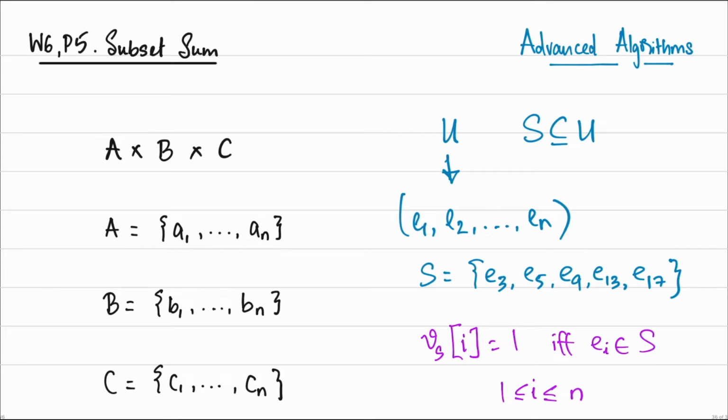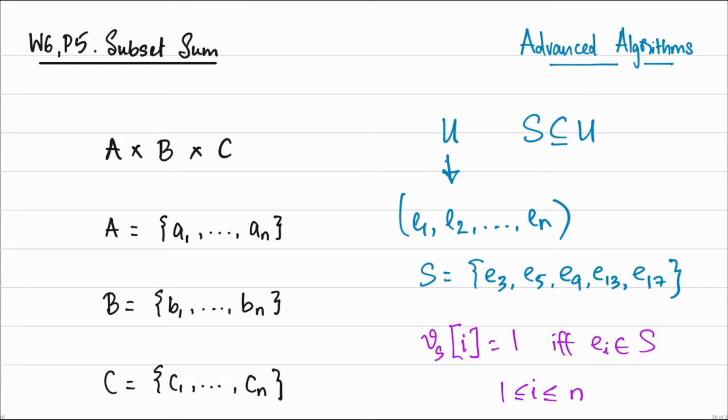So that's the characteristic vector representation. It's basically a bit vector, and now that you have a bit vector, you can potentially think of it as a number expressed in binary or in some other base. So you have some way of associating a set with a vector, which is then associated with a number.